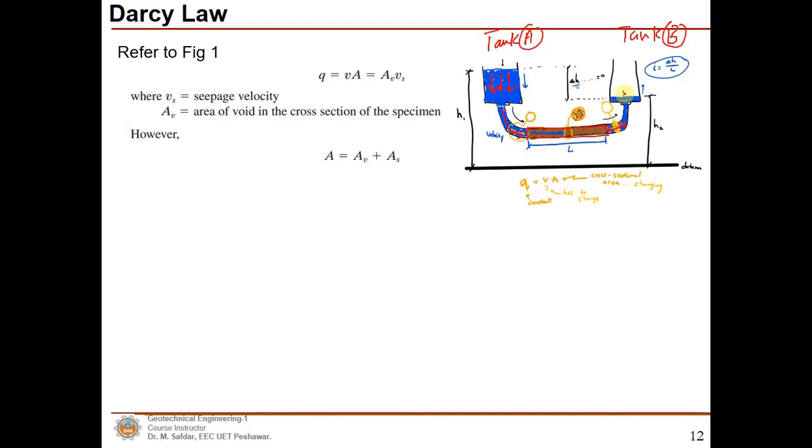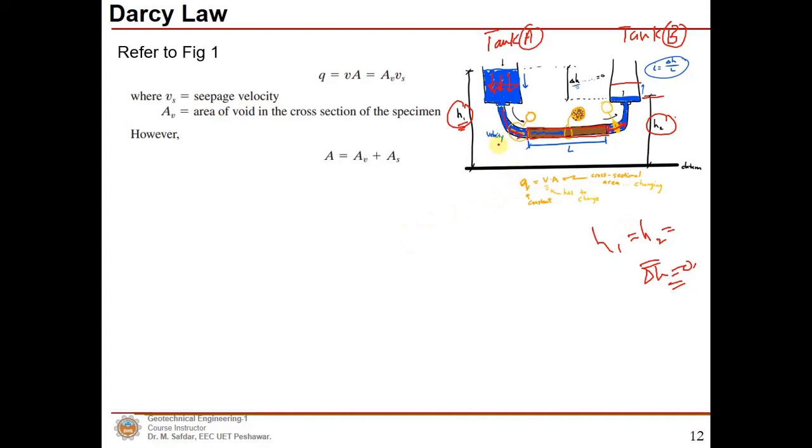Again the flow will occur and it will come to this tank B. That flow is occurring due to the head at tank A and there is head at tank B. Delta H will become 0 when the level of water here and here will be equal, or the head 1 is equal to head 2, then delta H will be equal to 0, or the head loss will be equal to 0.